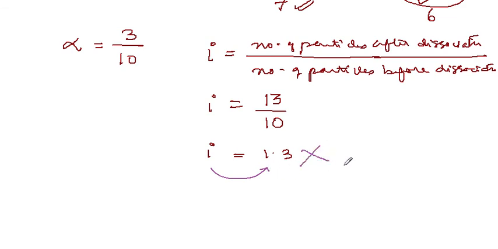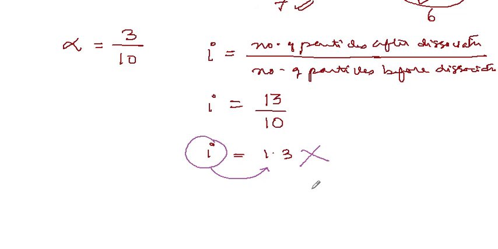By 1.3 times. You should always remember that the Vant Hoff factor is nothing but by how many times the concentration has increased or decreased. Whatever value we are getting, if we are getting 1, that means the concentration has remained the same.